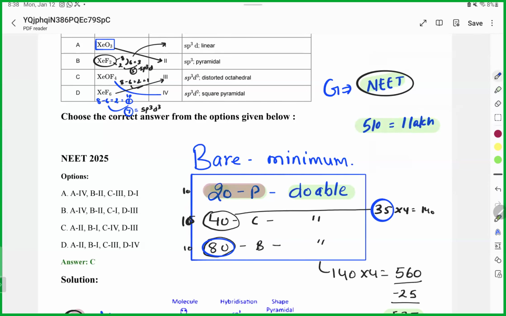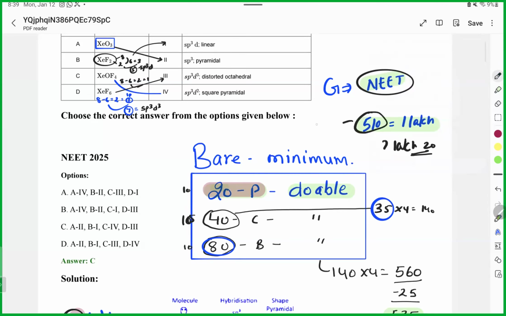Your rank at 510 is like 7 lakh 20,000. Then there is definitely cutthroat competition. It's not like you can't compete, but it will be difficult to get MBBS if this is the situation. But imagine you get a 40,000 rank in this. It means only these 40,000 people are serious, not extremely serious.